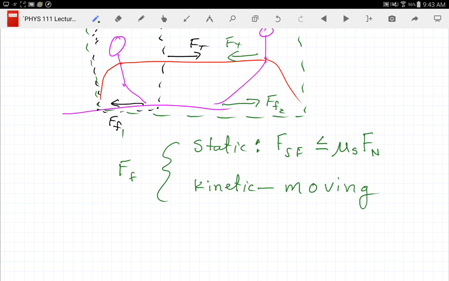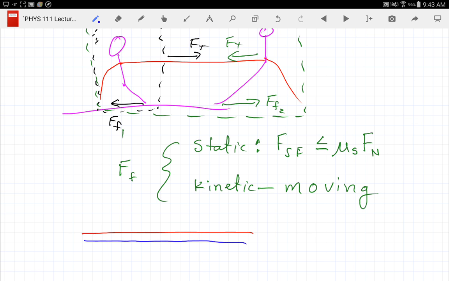And it's caused by things like the conformity of one surface to another. Let us say that you have two surfaces that are super smooth. If they're super smooth, then those two surfaces, so here's surface 1, here's surface 2, they're going to slide over each other real easily.